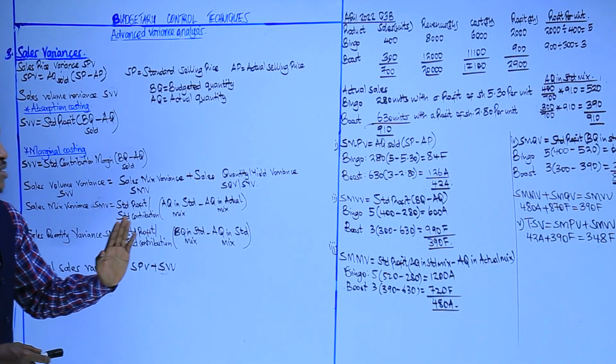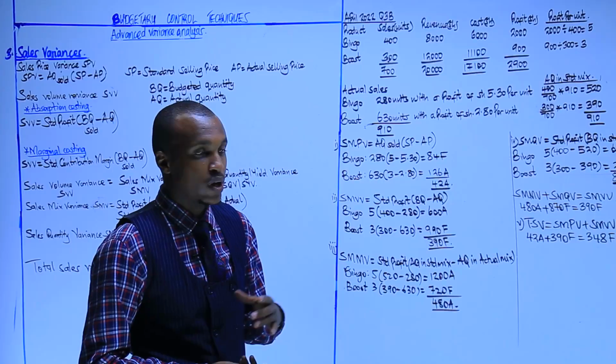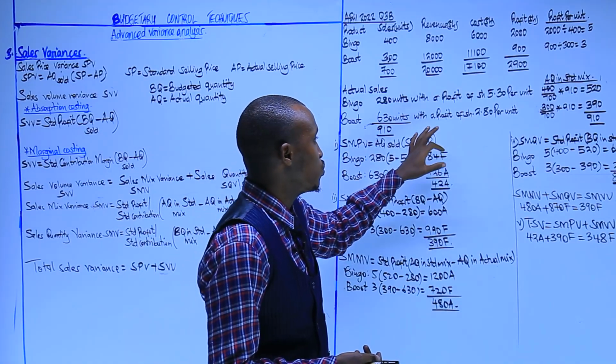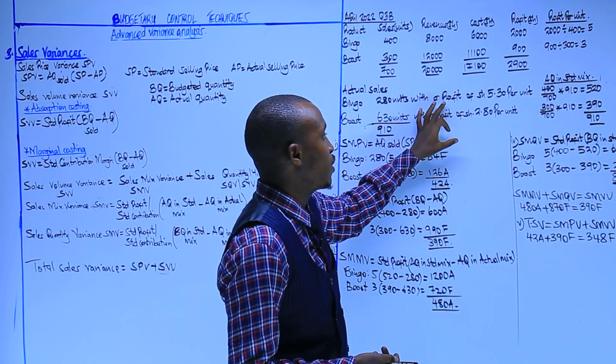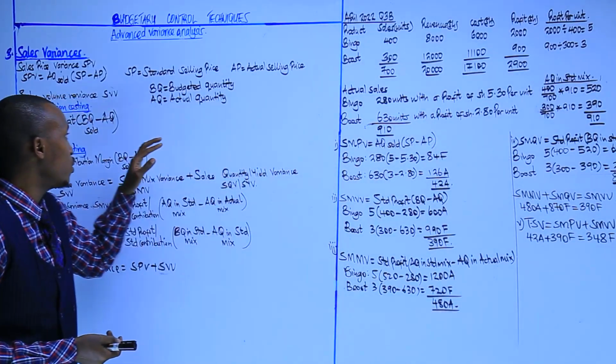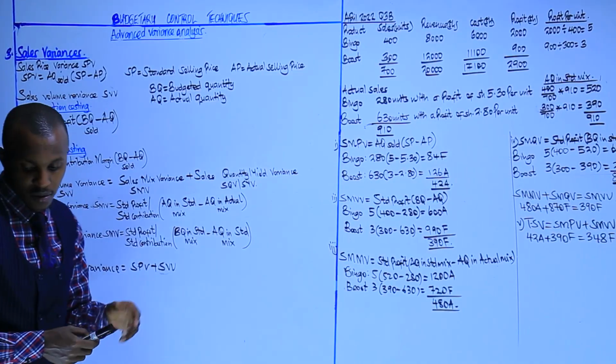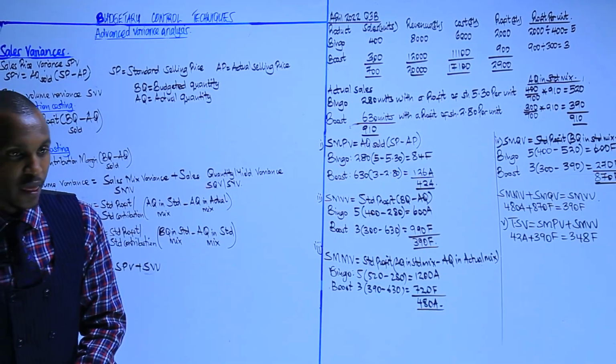All right. This April 2022 question 3B is an exemption to that. Why? Because you have profit. You don't have the selling prices to calculate your sales price variance.